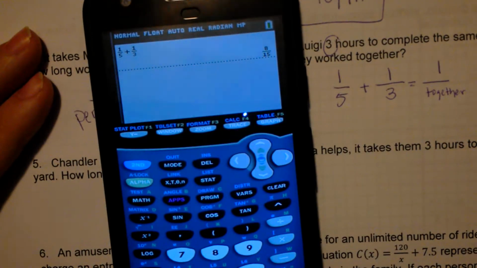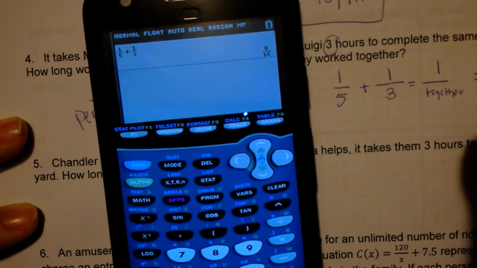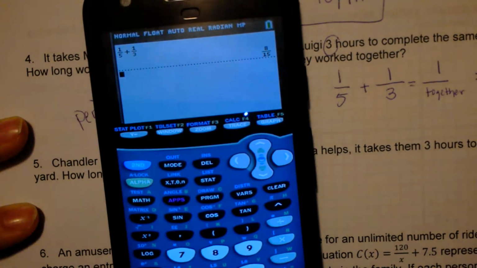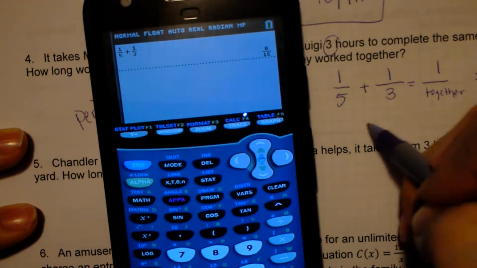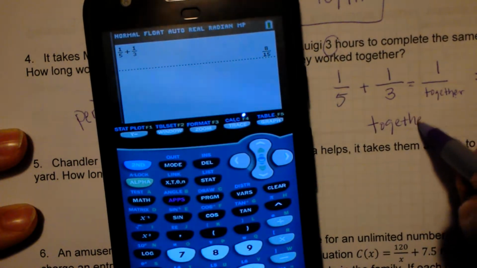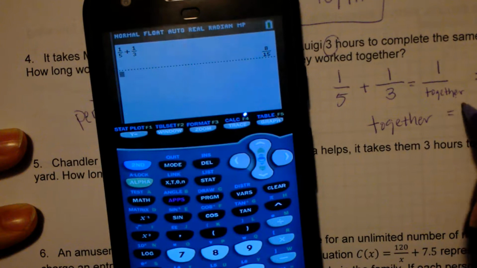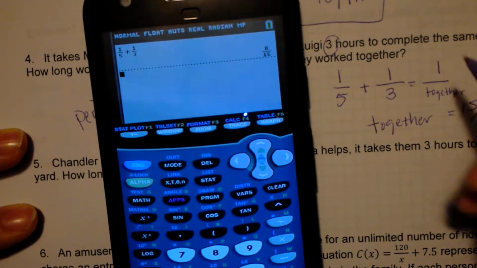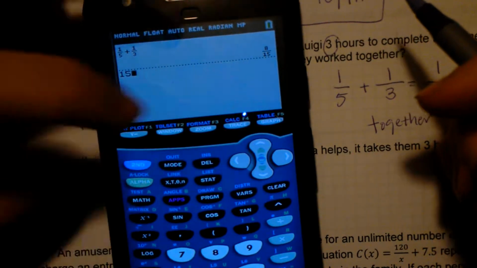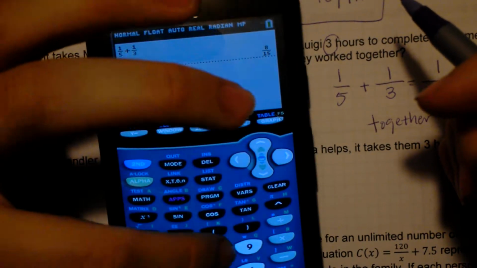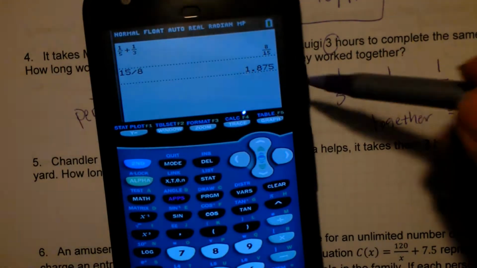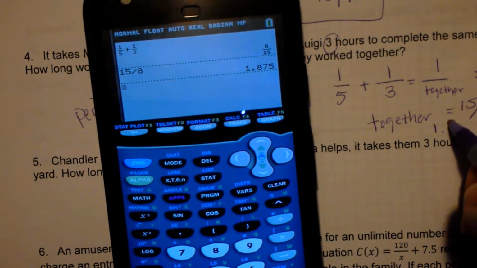But 8 over 15 is 1 over their time together. So 1 over them together is 8/15. So then together would be 15 divided by 8. And so you get 1.875.